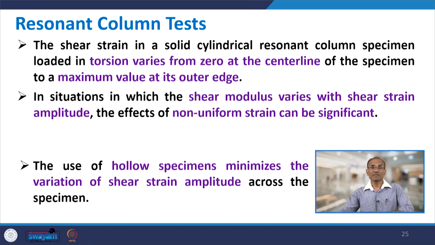Continuing with this, the shear strain in a solid cylindrical resonant column specimen which is loaded in torsion varies from 0 at the center line of the specimen to a maximum value at the outer edge. In situations in which the shear modulus varies with shear strain amplitude, the effects of non-uniform strain can be significant, and for that the use of hollow cylindrical specimens minimizes the variation of shear strain amplitude across the specimen.